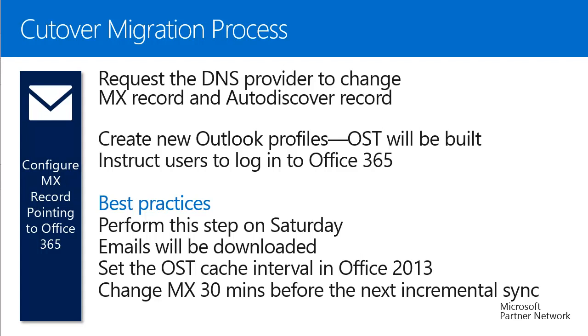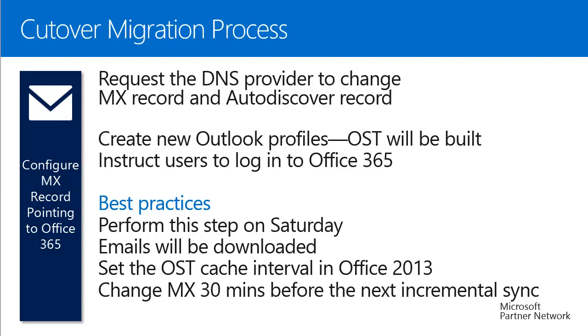And this is the right time to instruct the users, or to change their Outlook profiles centrally or by an administrator, to connect to the cloud mailbox. This will also mean that Outlook will rebuild the OST file by downloading all the emails from the cloud mailbox. The best practice from the field is to do this MX record change on Saturday, for example.